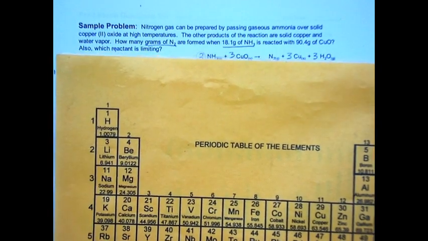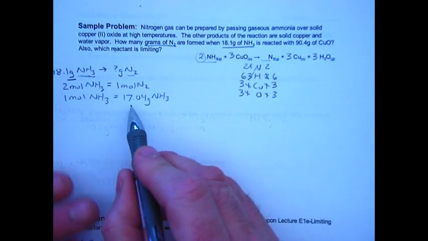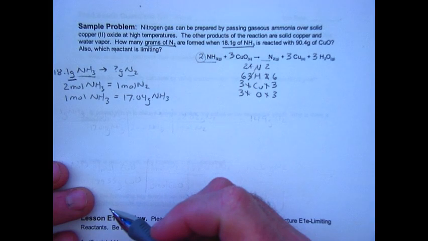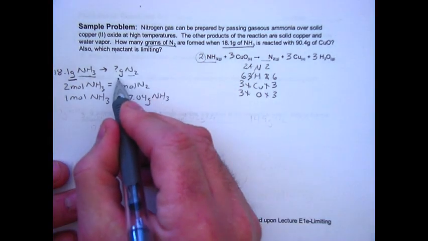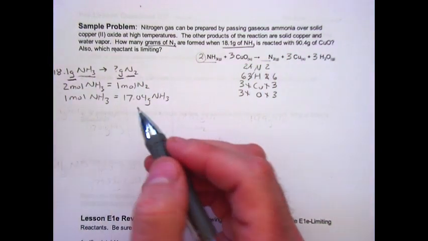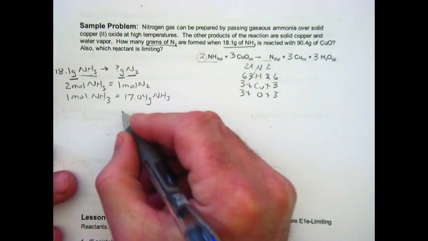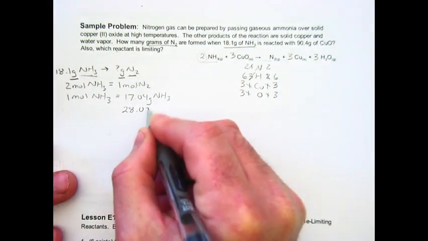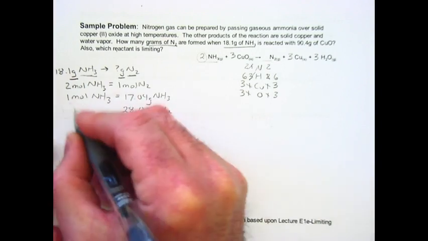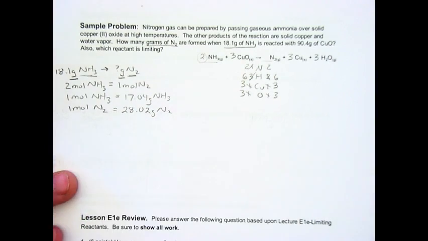Multiply that by 3, that's 3.03, plus the 14 gives me 17.04 grams. Now I also need, since that is grams there, the molar mass of nitrogen. Well, again, each nitrogen is 14.01. 2 of them equals 28.02. And again, it's molar mass, so that's 1 mole of nitrogen equals that.